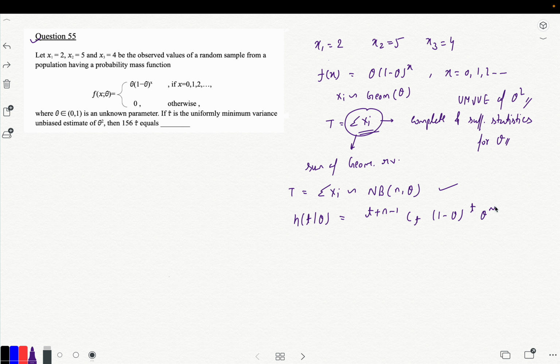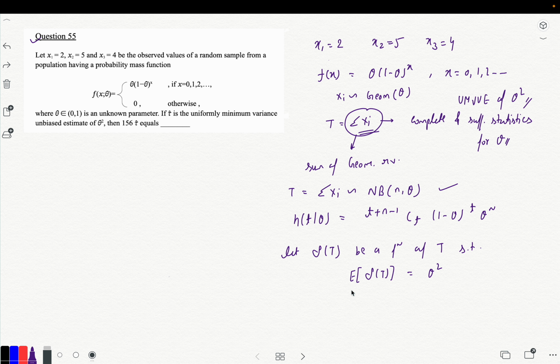Now we are saying let delta t be a function of t such that expectation of this delta t is equal to theta square. We are using the function of t to find out the unbiased estimator for theta square.